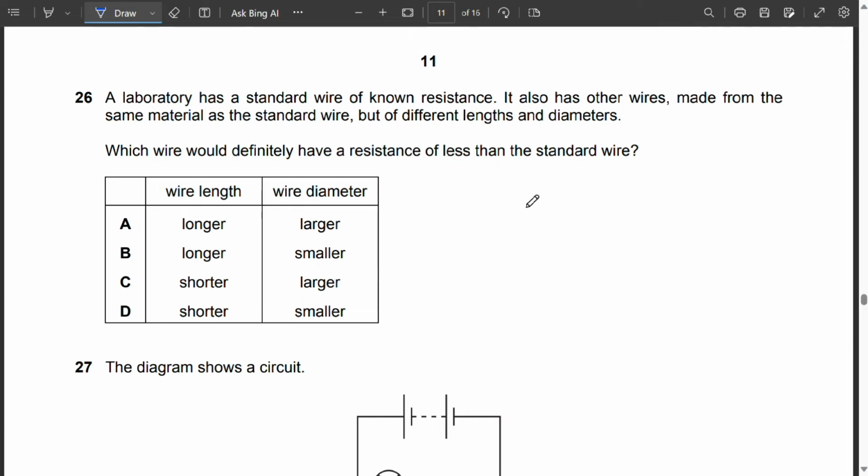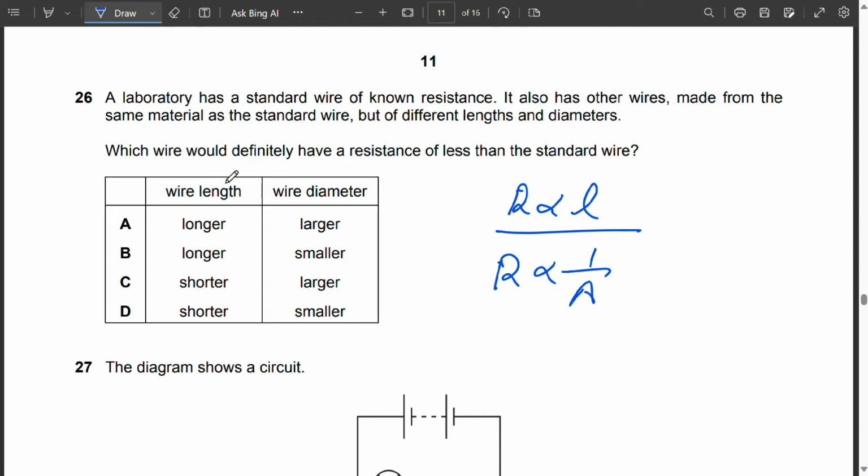First of all, you should know that resistance is directly proportional to the length of the wire. That means the more the length, the more the resistance, and also resistance is inversely proportional to the area of cross section. That means if the diameter is less, it will have more resistance. If the diameter is more, it will have less resistance.